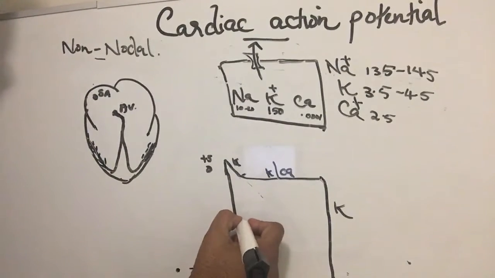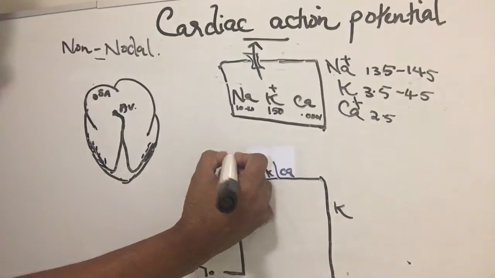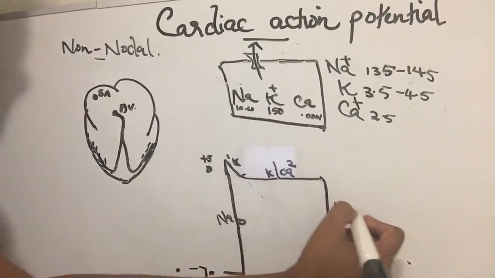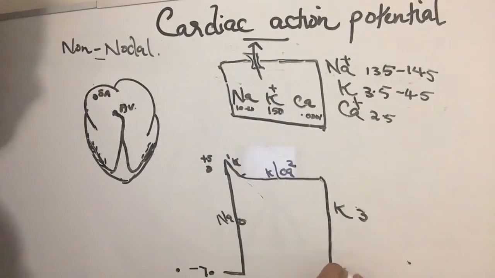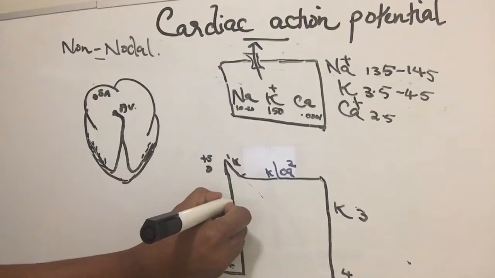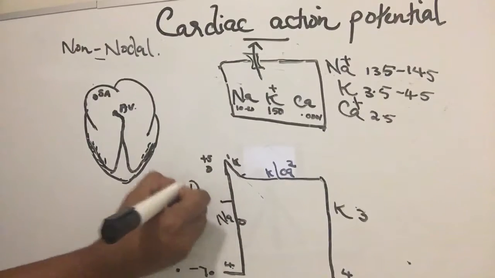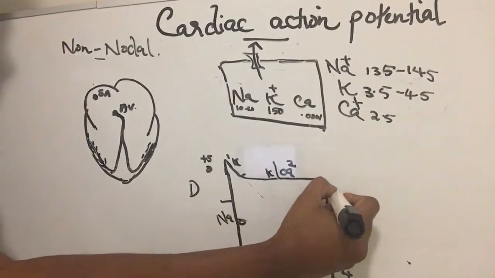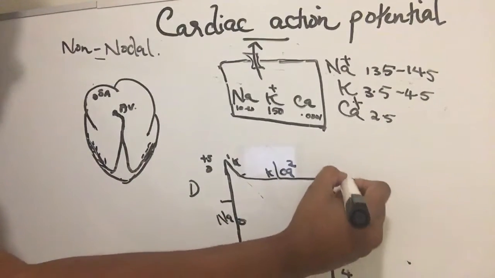So this is phase 0, phase 1, phase 2, phase 3, phase 4, and this is also phase 4. And this is called depolarization, and this is repolarization.